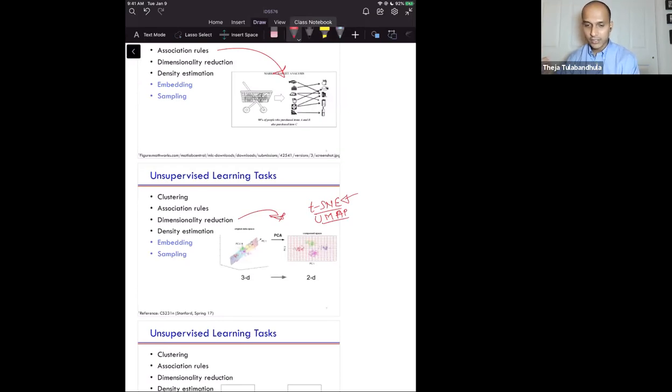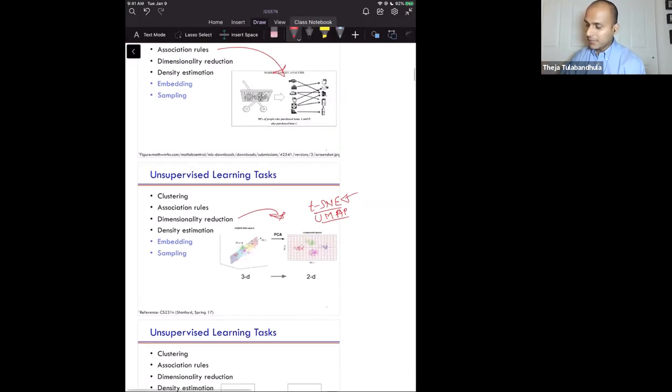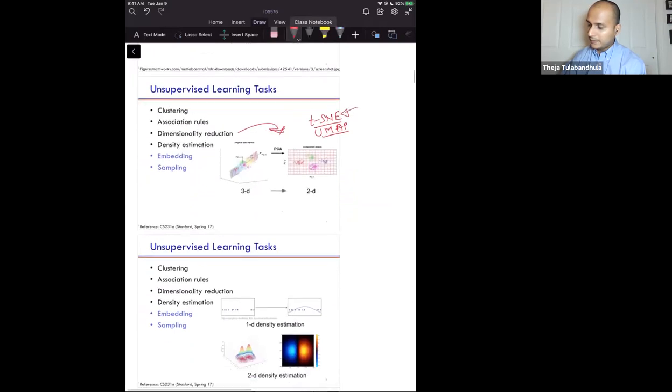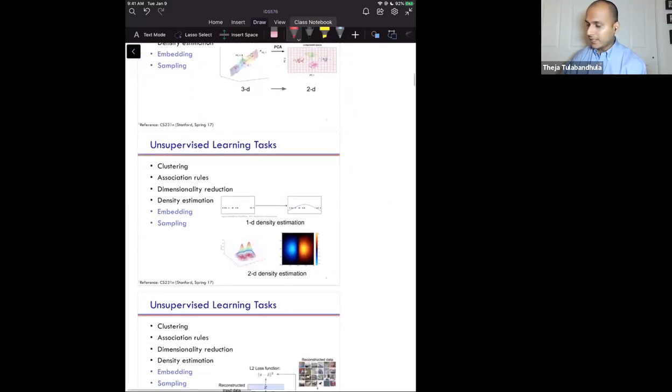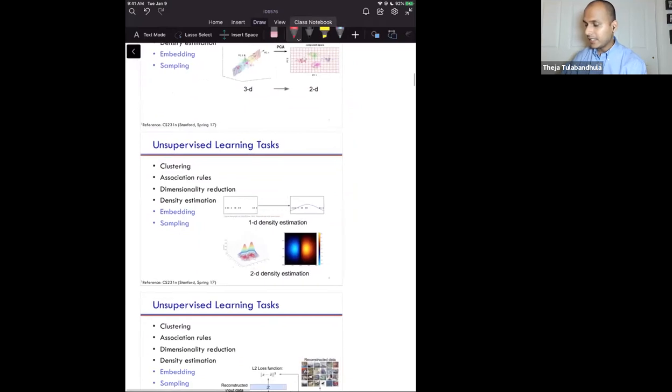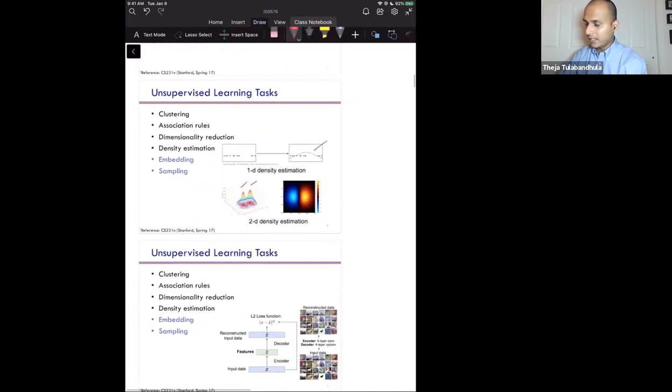So, for example, for CIFAR-10 that you did in the assignment, you can project the embeddings you got back to 2 dimensions, and see whether the 10 classes are clustered together, and also away from other classes in the 2 dimensional space. So that's dimensionality reduction. And then density estimation, as I said, is about fitting, typically, a parametric density function. For example, here, a mixture of two Gaussians. Here, maybe trying to fit a Gaussian to this data, and examples like this.